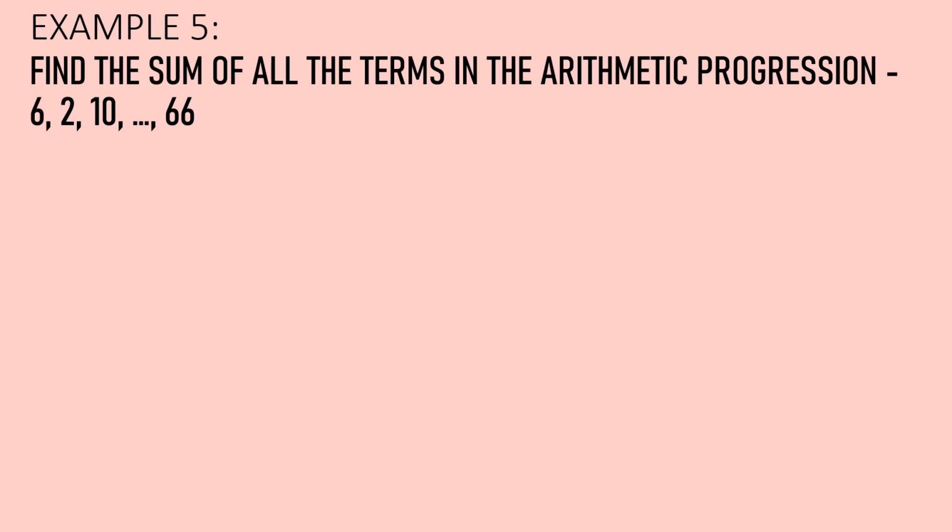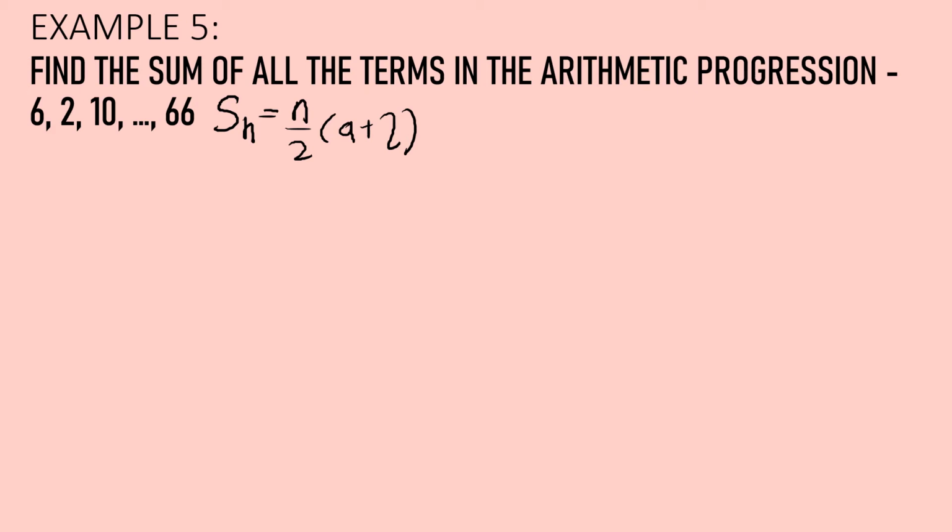Next, find the sum of all terms in this arithmetic progression. So we already have 66 as the last term, so Sn equals n over 2 bracket a plus l. To find the sum, we have to find the number of terms first.